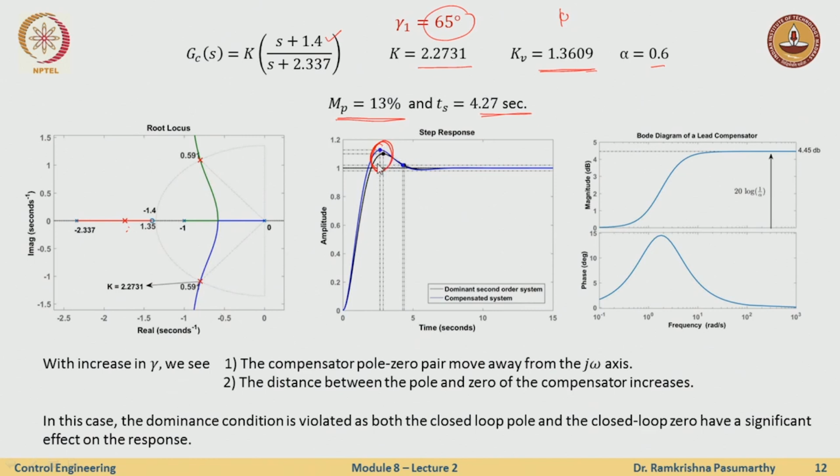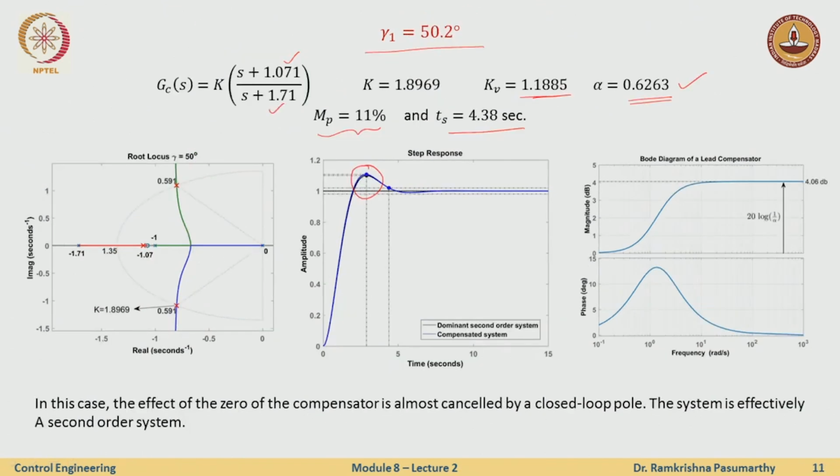Okay, so now let's look at what is happening with the location of the poles and zeros, right? In the previous case, the value of gain k was 1.89, which results in the closed loop poles to be here, here and here.